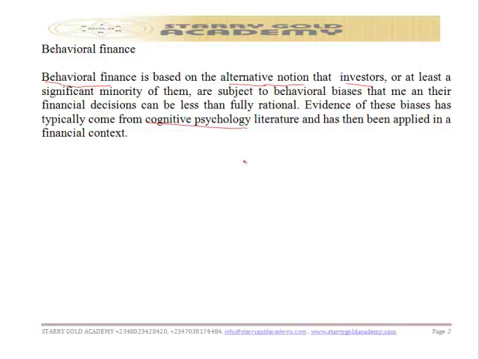And behavioral finance is when some significant minority of these investors are subject to behavioral biases that in their own financial decision can be less than fully rational. So evidence of this typically comes from cognitive psychology literature and has then been applied in financial context.